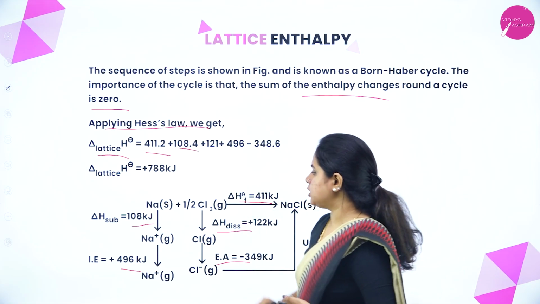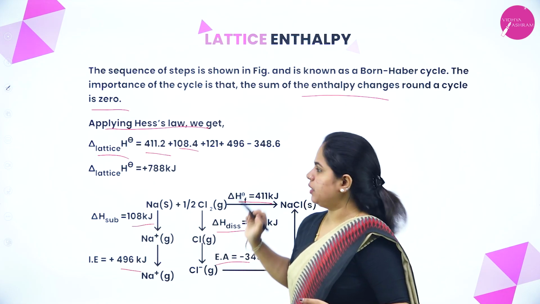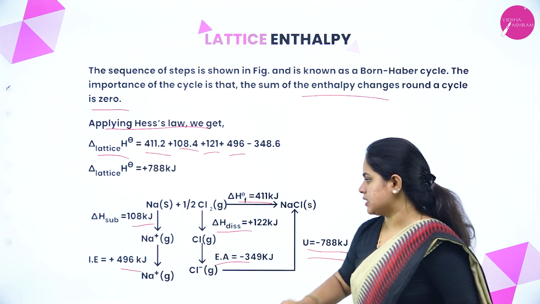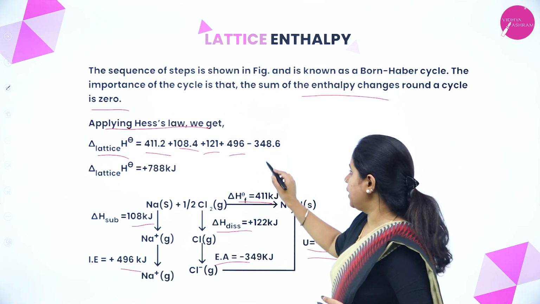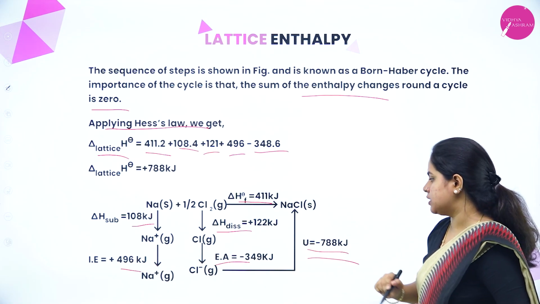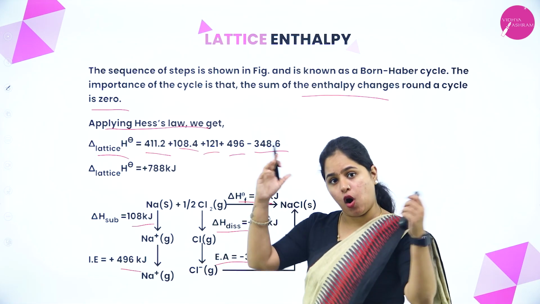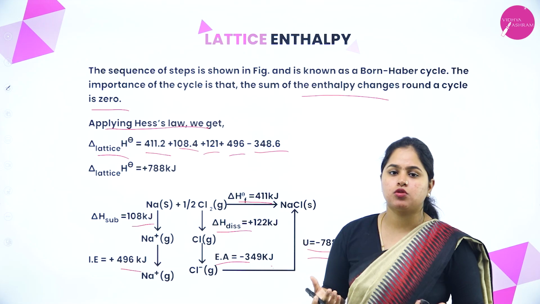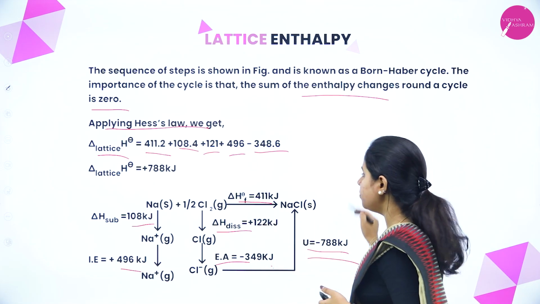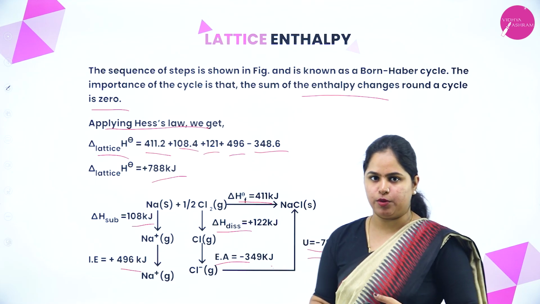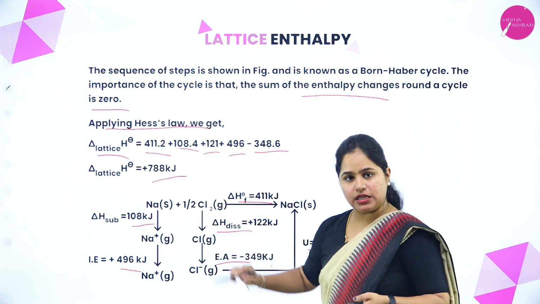Then 108.4 is the enthalpy of sublimation. 121 is the enthalpy of dissociation. 496 is the ionization enthalpy, and minus 348.6 is the electron gain enthalpy. So altogether, if you add all the enthalpies associated with all the steps, you will get the lattice enthalpy, which is plus 788 kilojoule per mole. I hope that is clear for you.